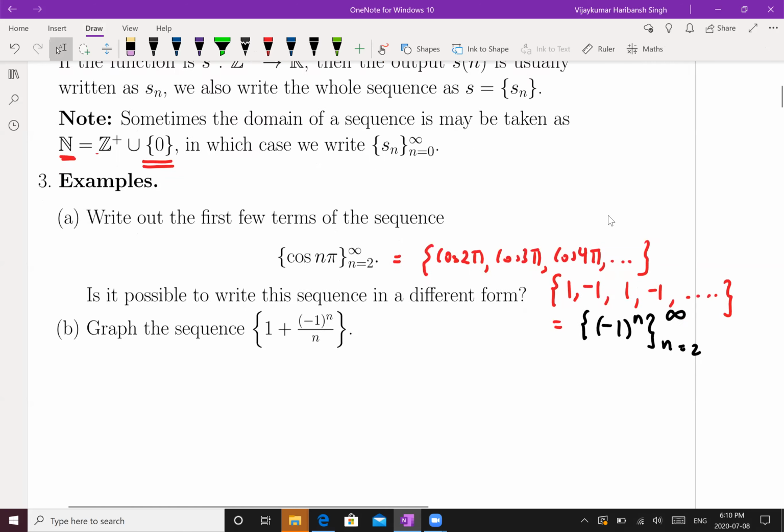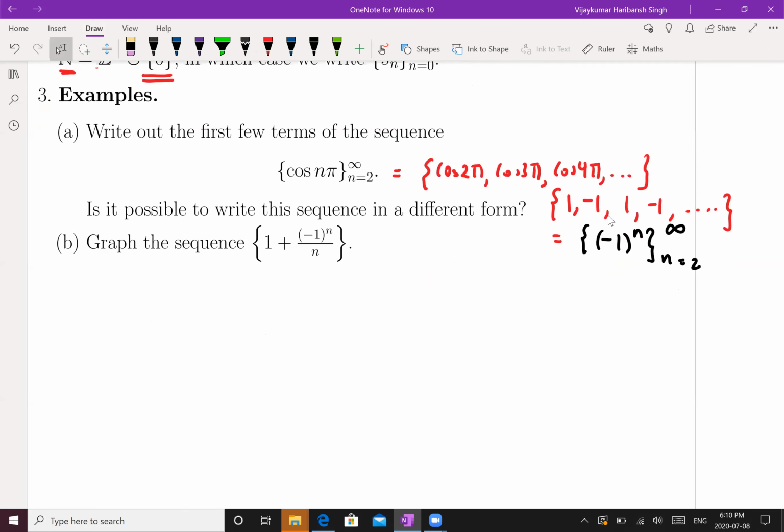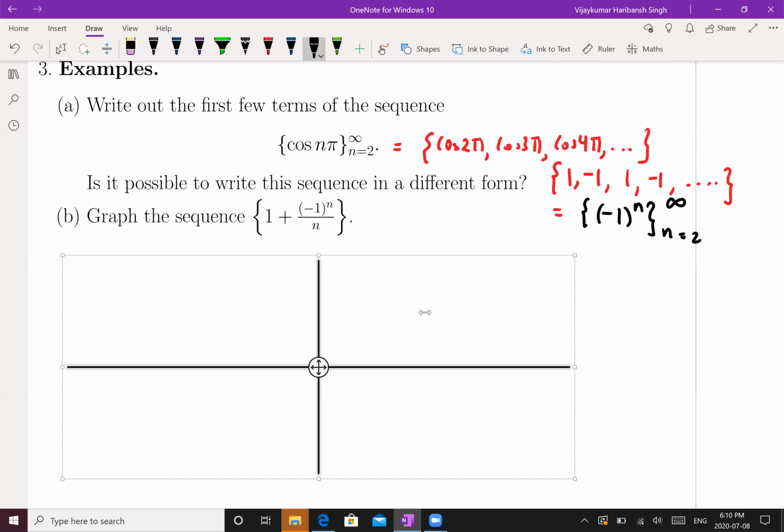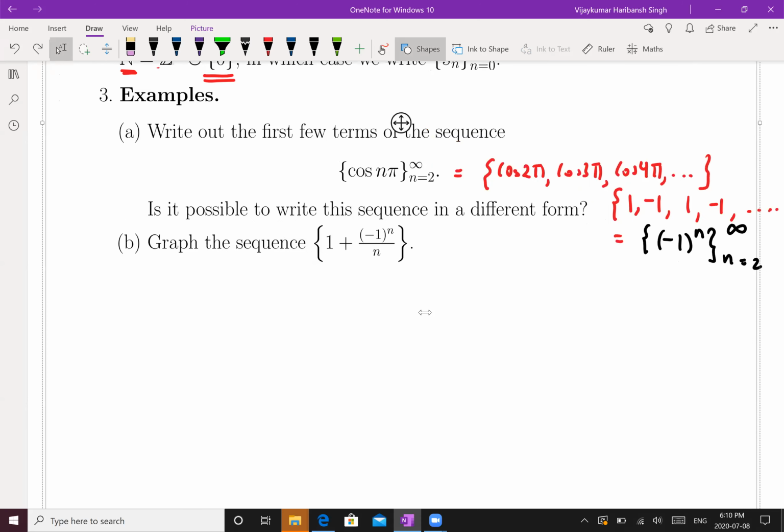All right. Let's look at the sequence 1 plus (minus 1 to the power n) by n, and let's try to graph it. We don't need the negative part, so I'll only draw this part here.